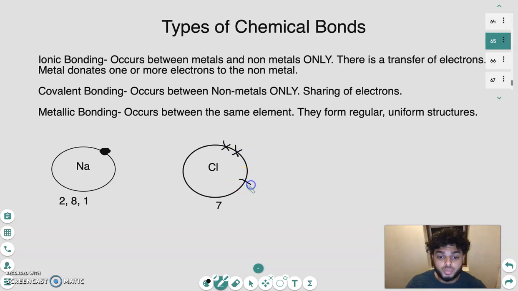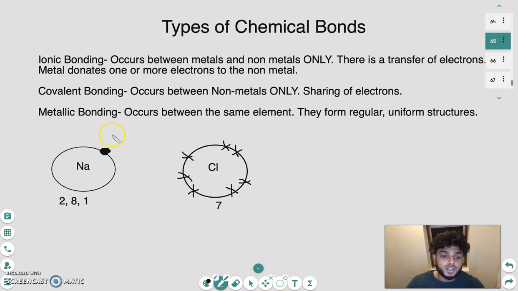Chlorine has 7 electrons in its outer shell. So as you can see from this, chlorine would benefit from an extra electron, as instead of 7 it will then have 8 electrons, so it's achieved its goal of having a full outer shell.